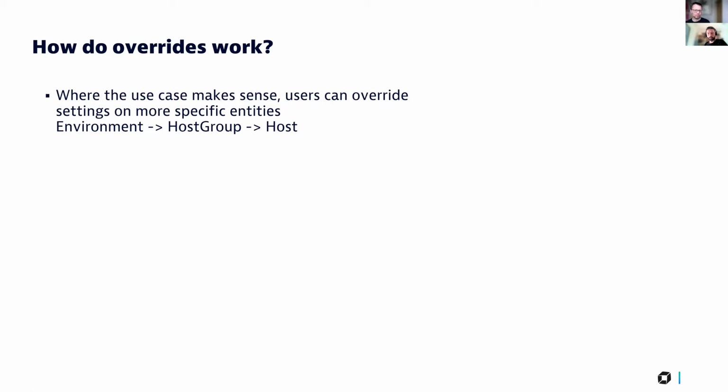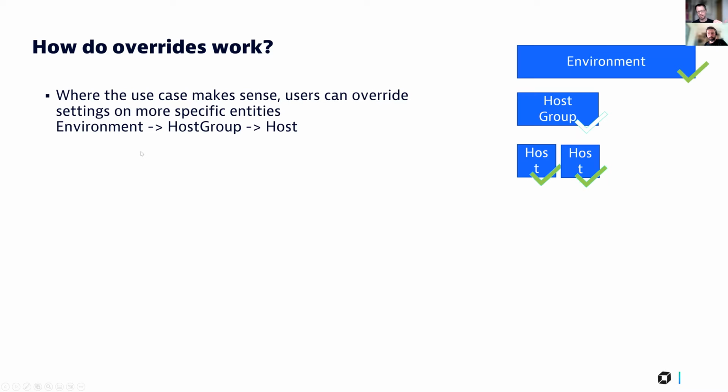And for some of the settings, we have 3 levels of different granularity. So it can be that on environment-wide level a specific setting is activated. And this would also mean that this would be out of the box true for all the more detailed levels, like for all the hosts within a host group, the setting would also be activated.